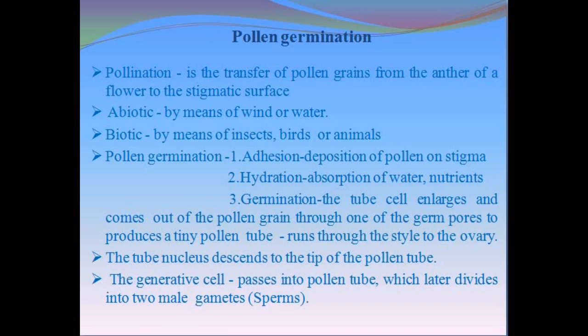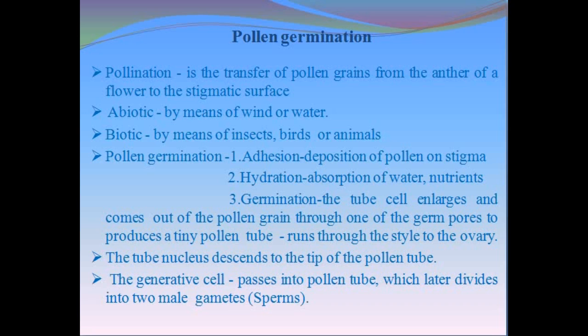First step, pollen germination. Before pollen germinates, there should be the phenomenon of pollination. Pollination is nothing but transfer of pollen grains from the anther of a flower to the stigmatic surface, which is carried out by two means, abiotic and biotic. Abiotic means include wind or water.